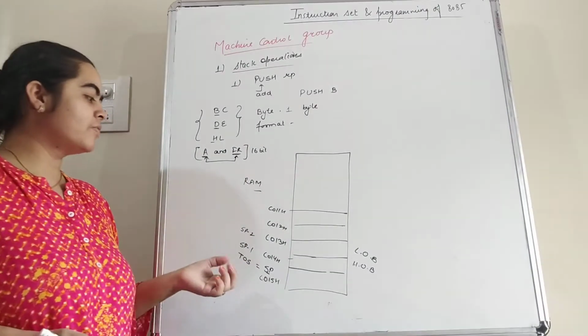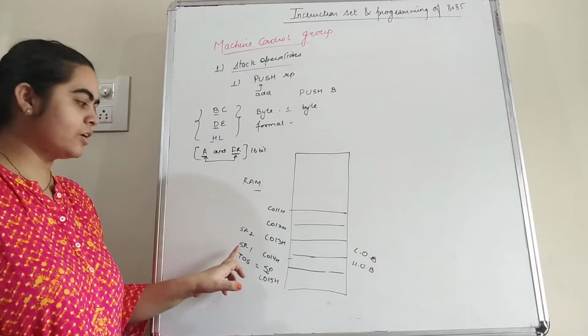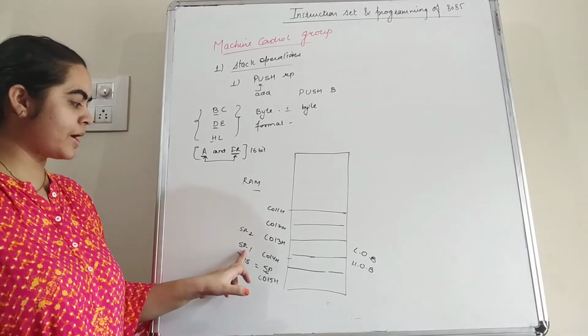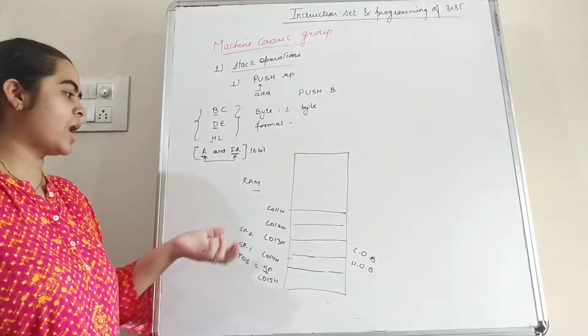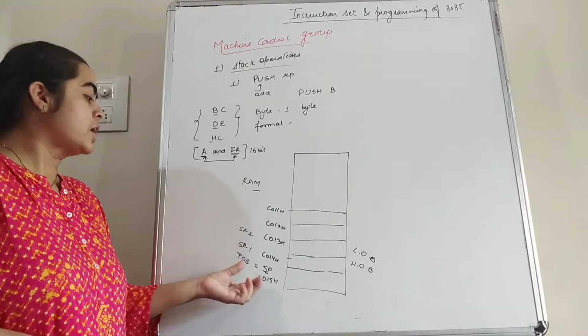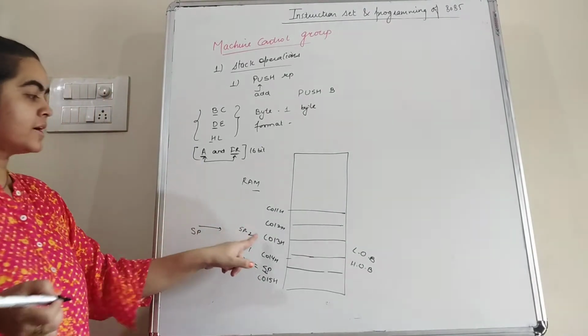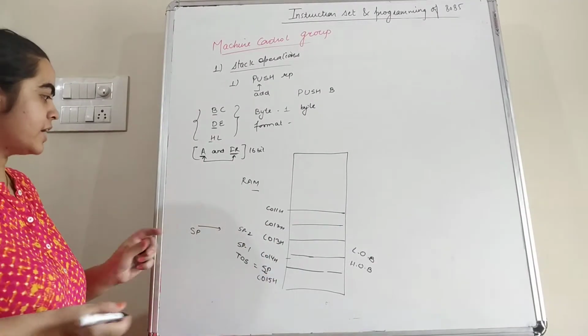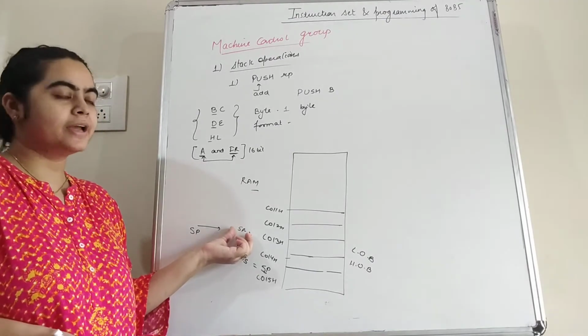So whenever we perform the push operation, the higher order byte goes into SP-1 and the lower order byte goes into SP-2. After pushing, the current location of the stack pointer is C013H, which is equivalent to SP-2.